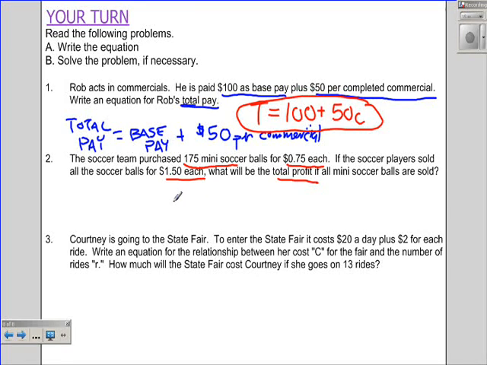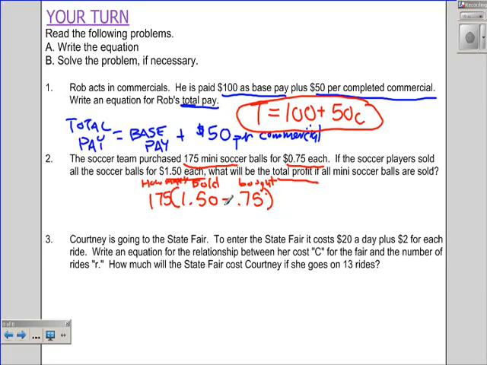So when looking for profit, I need to know the difference between what I sold them for and what I bought them for. So that difference means subtracting. I'm going to subtract what I bought them for from what I sold them for. I'm looking for that difference, and how many? What's that quantity? How many did I buy?